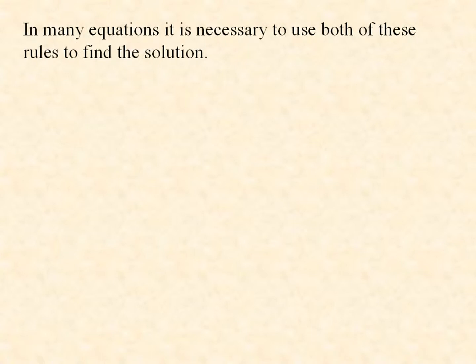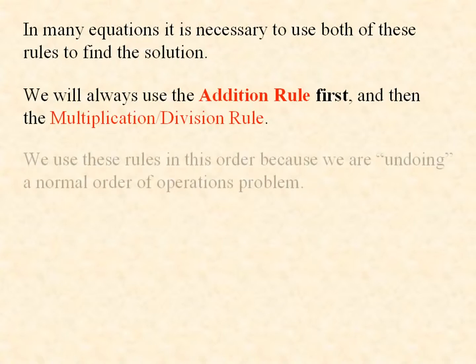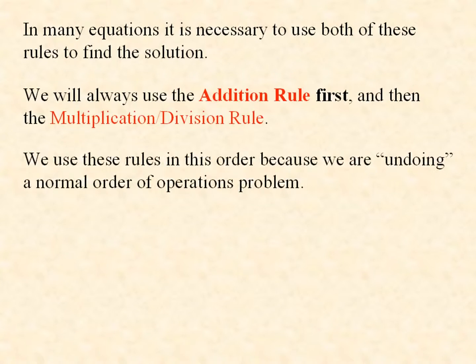In many equations, it is necessary to use both of these rules to find the solution. We will always use the addition rule first, and then the multiplication-division rule. We use these rules in this order because we are undoing a normal order of operations problem.